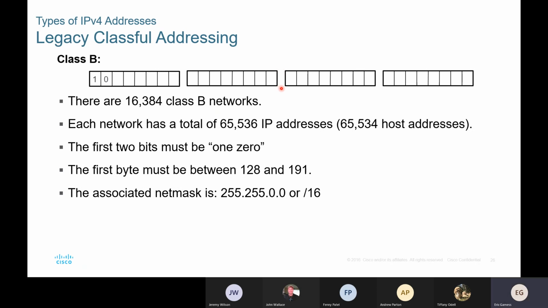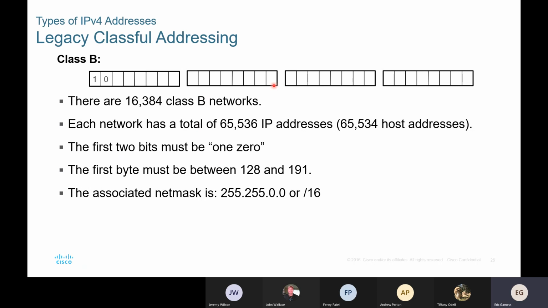How many 1s do I need and how many 0s do I need, if I want to say the separation is here? How many 1s do I need? So how many bits are on the left side? 16. So I need 16 1s in the net mask and 16 0s.